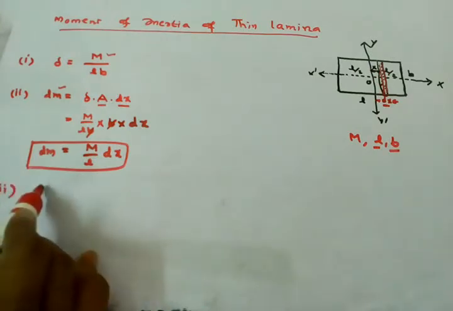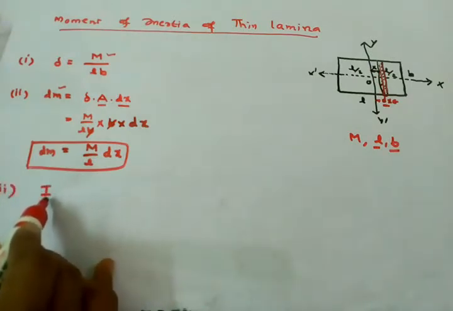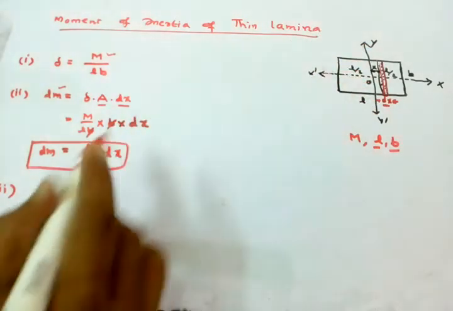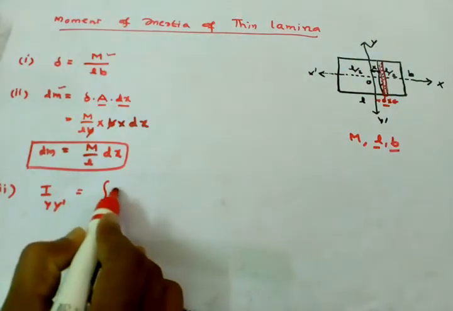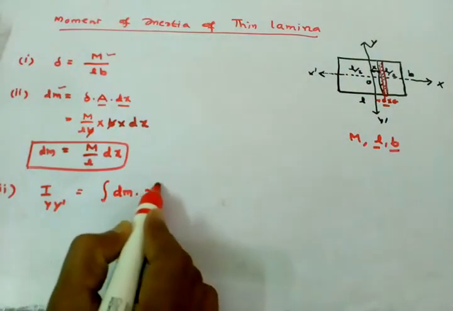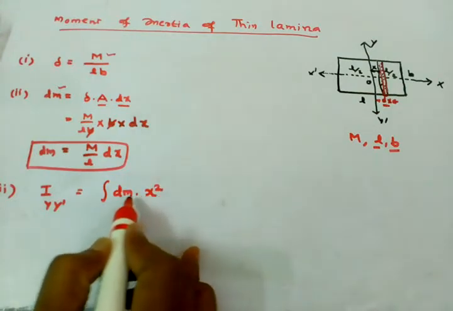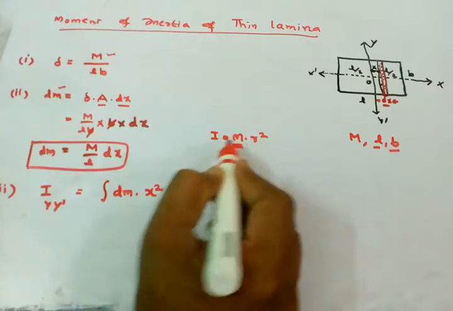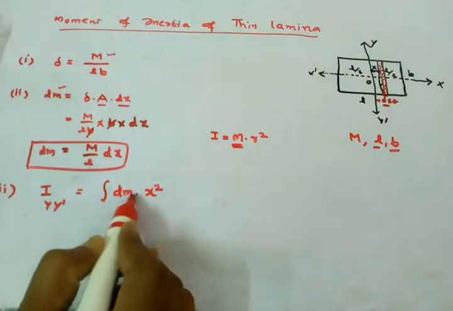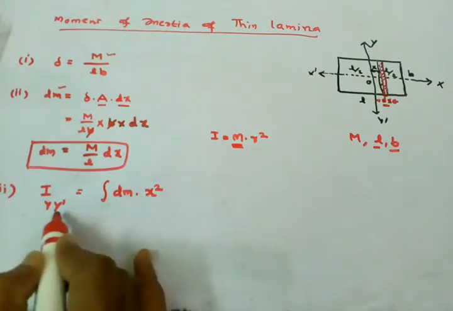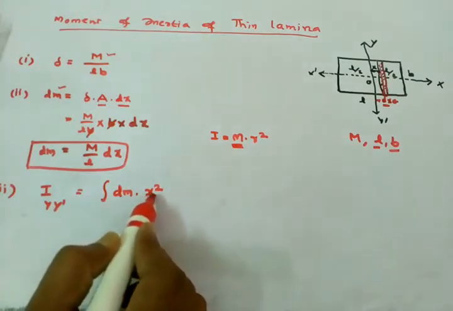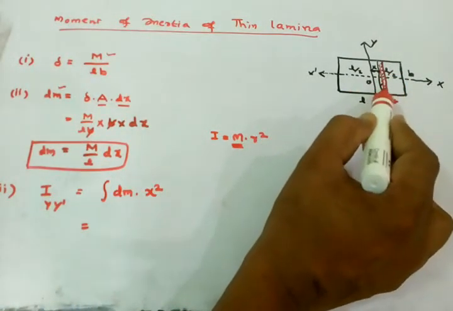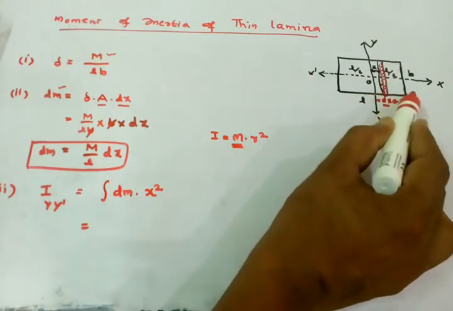So we are moving to the moment of inertia of this thin lamina about the y dash axis, about this axis. So integrate dm into x square. Generally the moment of inertia formula is m into r square. Here we take the thin lamina elemental mass dm at distance x from the y dash axis, so dm into x square.